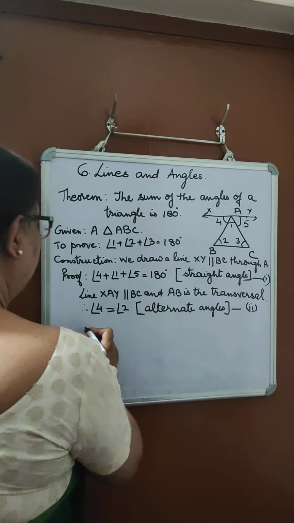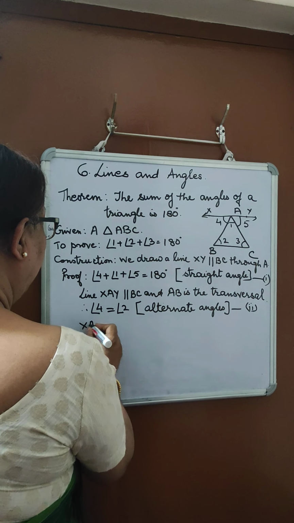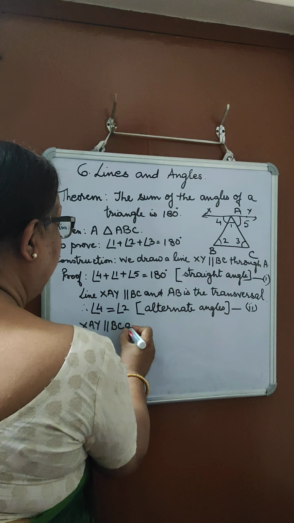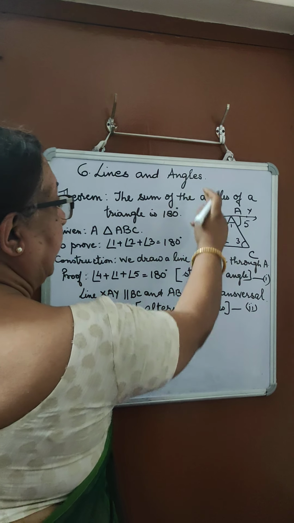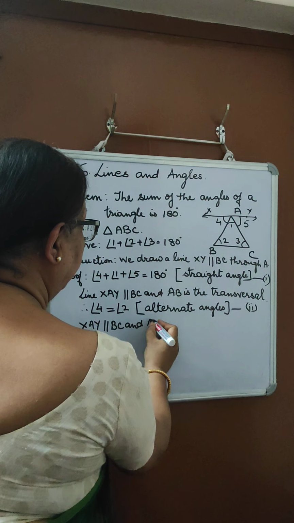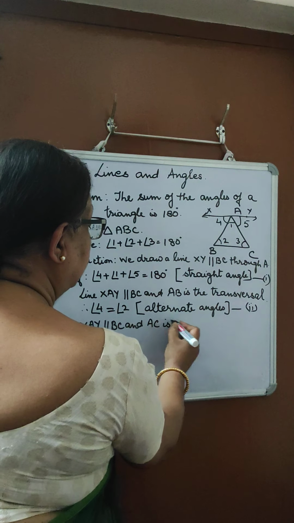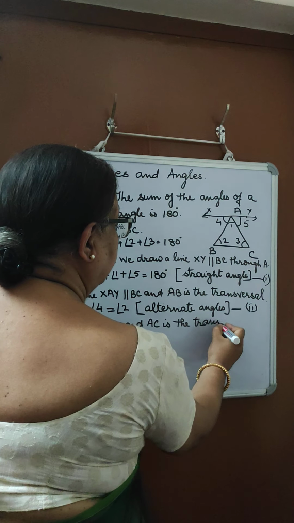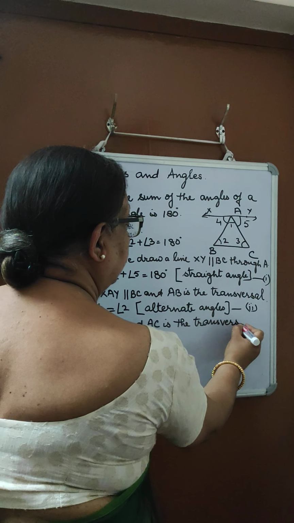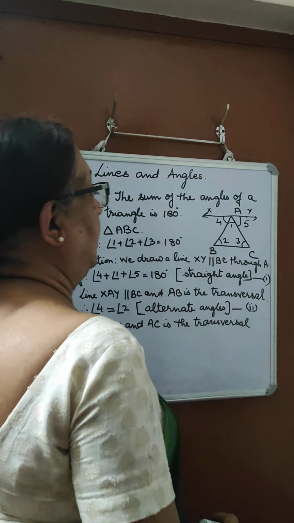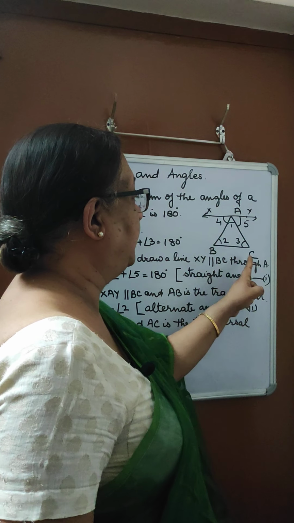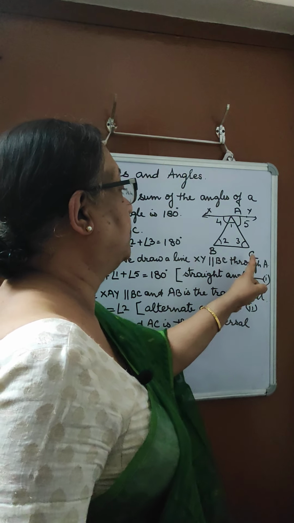Similarly, again, XAY is parallel to BC and AC is the transversal.